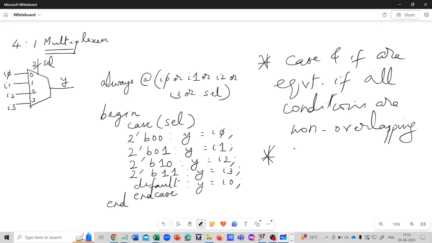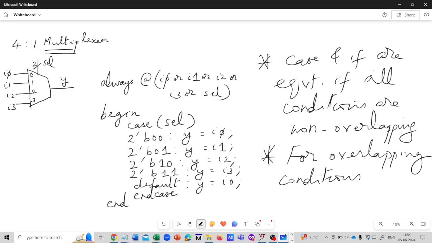Hence, in the case of overlapping statements or overlapping conditions, we will use if then else blocks.